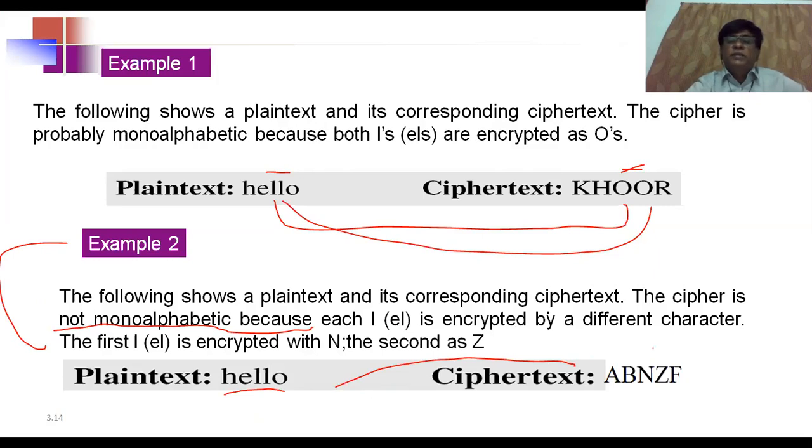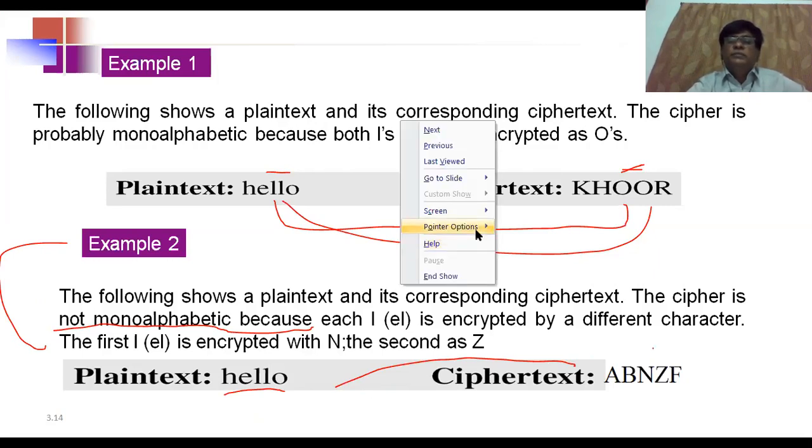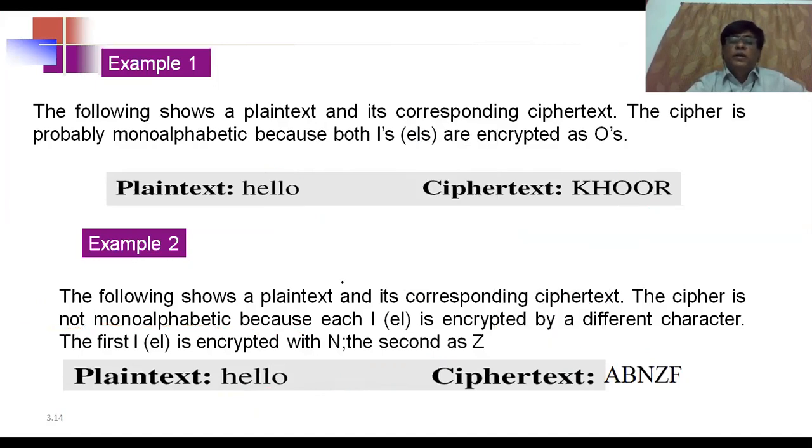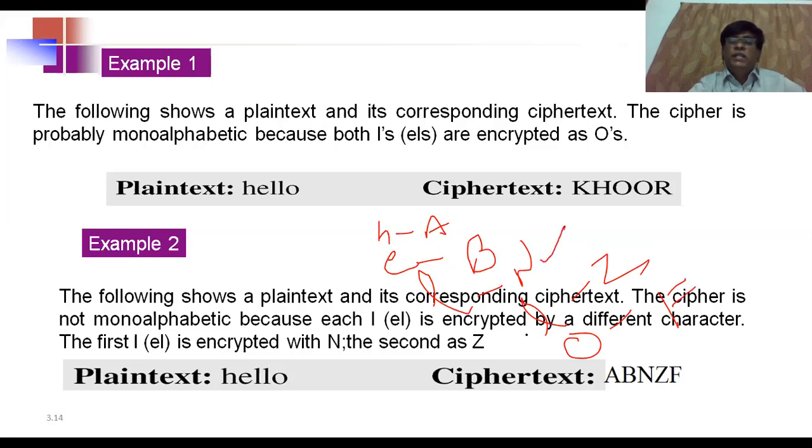That means H is replaced with A, E is replaced with B, the first L is replaced with N, the second L in hello is replaced with Z, and finally O is replaced with F. So the first L is replaced with N, and the second L is replaced with Z. So it is not a one-to-one relation.